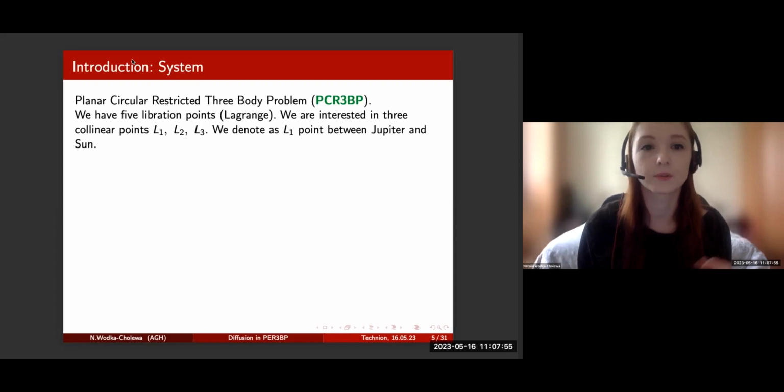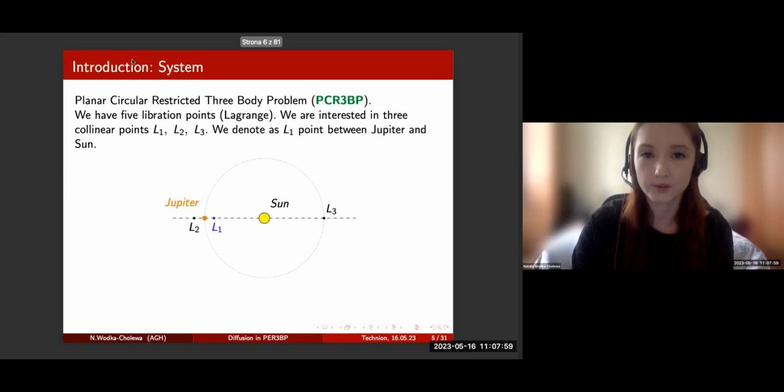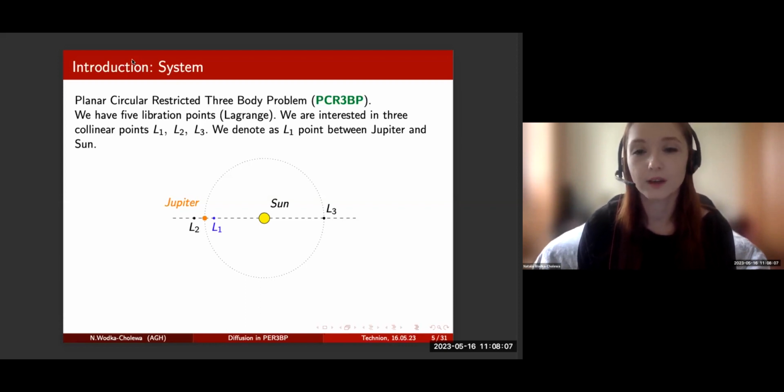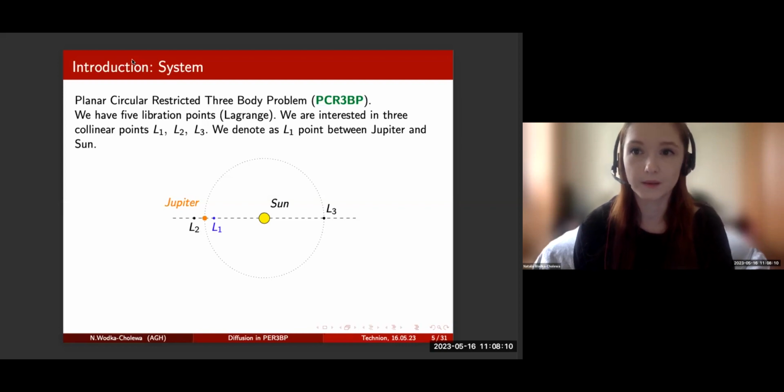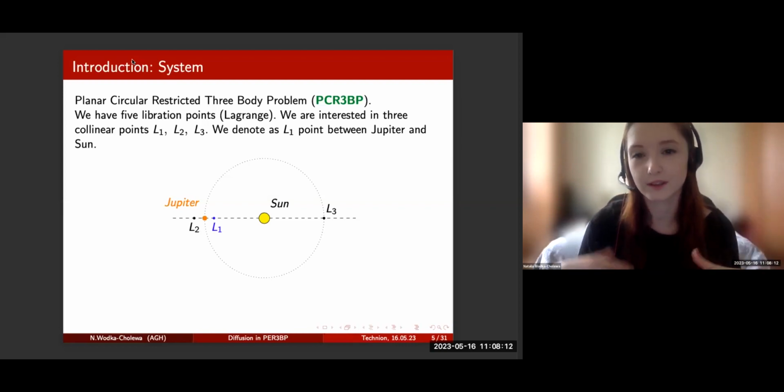Okay, and maybe you don't know, we have 5 libration points in such a system if you consider, for example, Jupiter and Sun, and we are interested in the collinear points. So you can say they are Euler points. We are interested in L1, and you can name them as you want. You can name L1 on the left and L3 on the right. It doesn't really matter if you only say where it is.